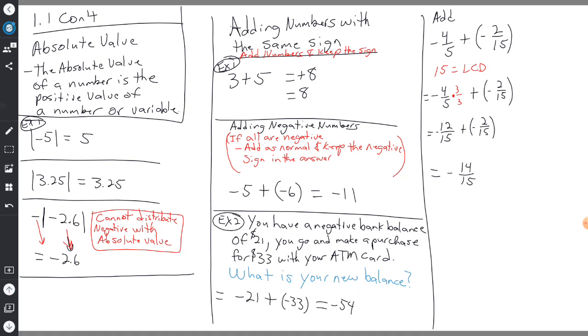But then you have to come back and drop this negative that was on the outside back in front of your number. So the negative of the absolute value of -2.6 is -2.6. That negative comes from the negative that's on the outside of that absolute value.